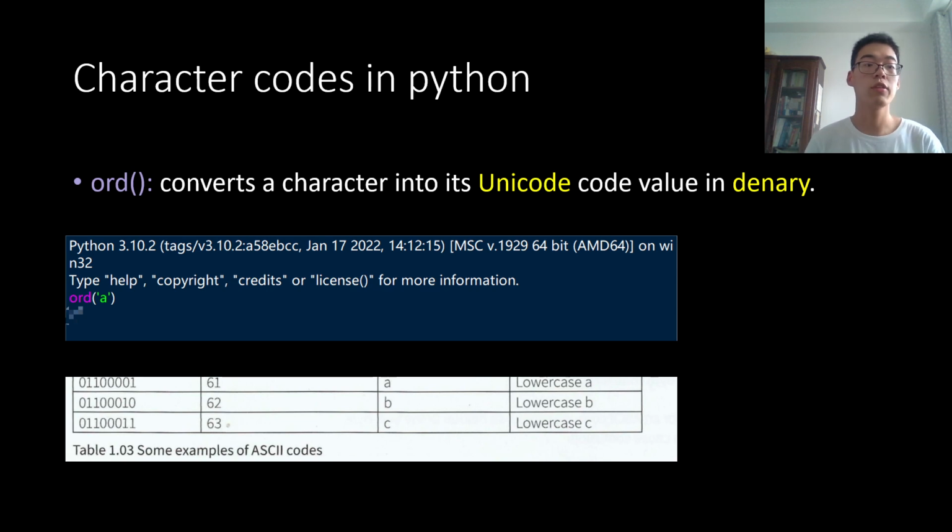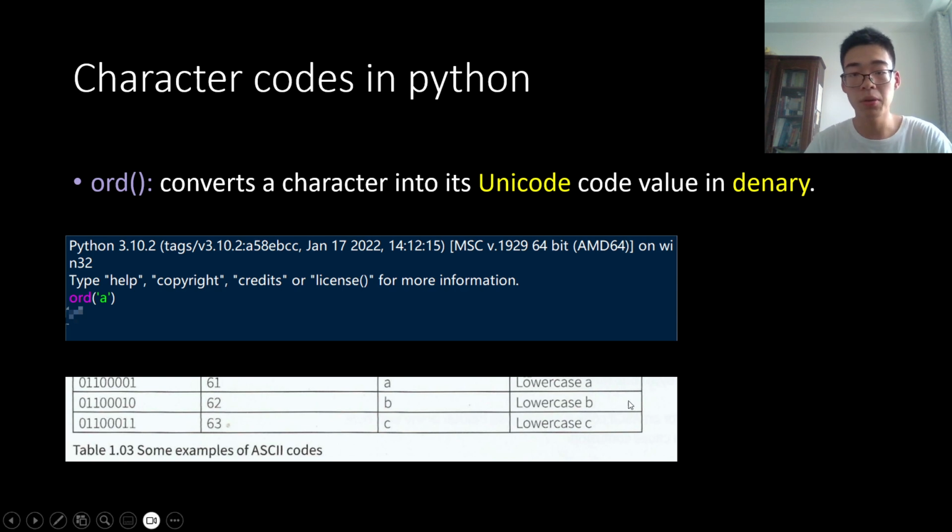So the first function, ord, will convert a character into its Unicode value, and in binary. So remember 2 points, Unicode and in binary. As we learned previously, if the Unicode is for a simple English letter, it is exactly the same format as ASCII.